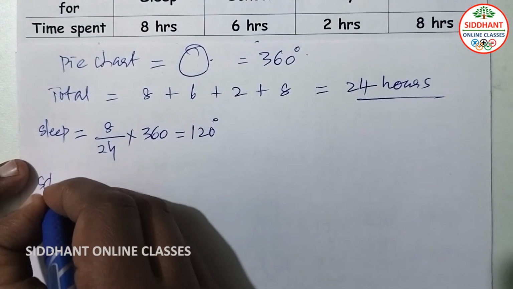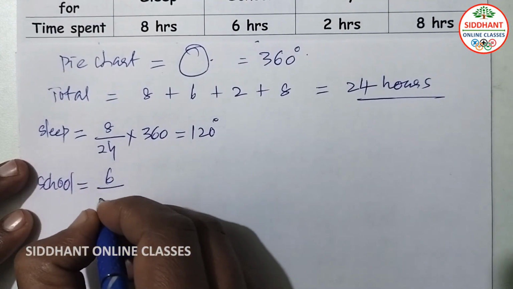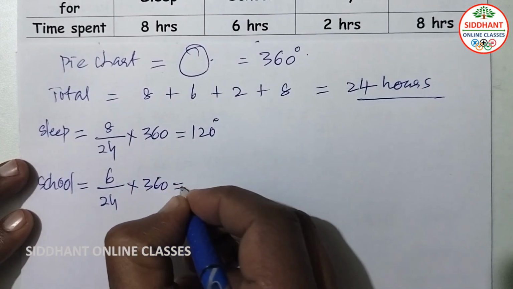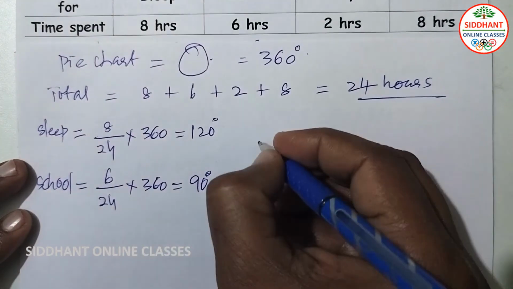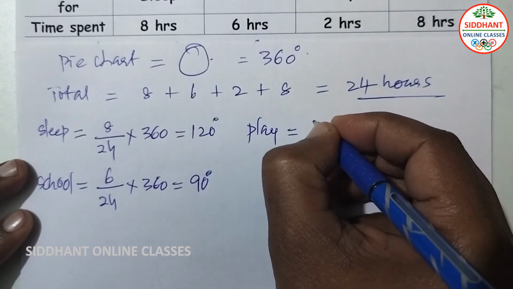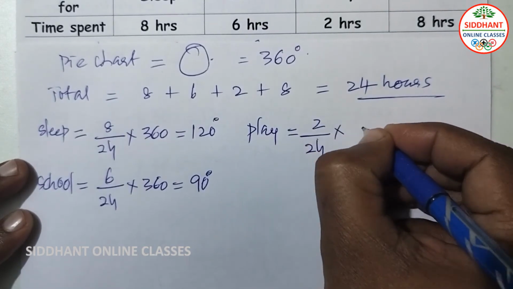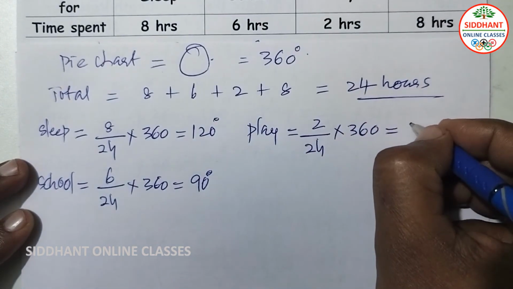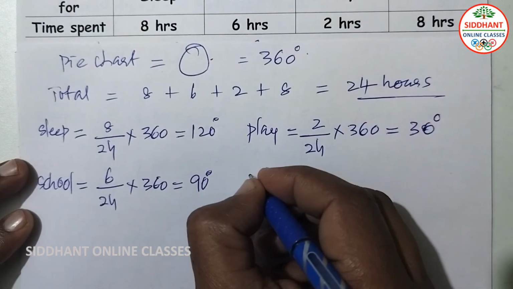Next school, that will be 6 time spent by 24 into 360, so that will come around 90 degrees here. Play, that will be 2 hours by 24 hours into 360, so that will be here 30 degrees.